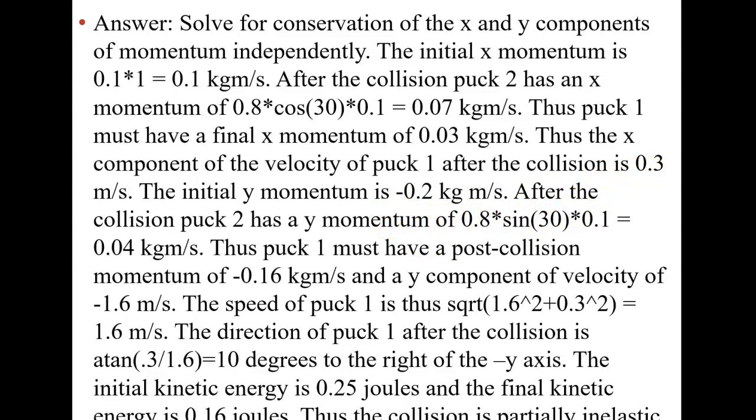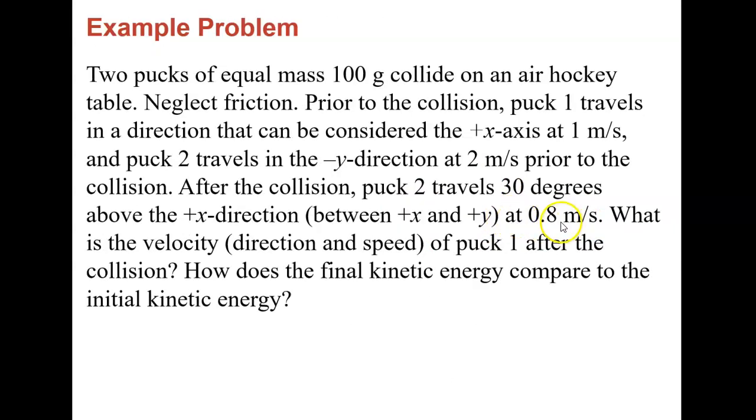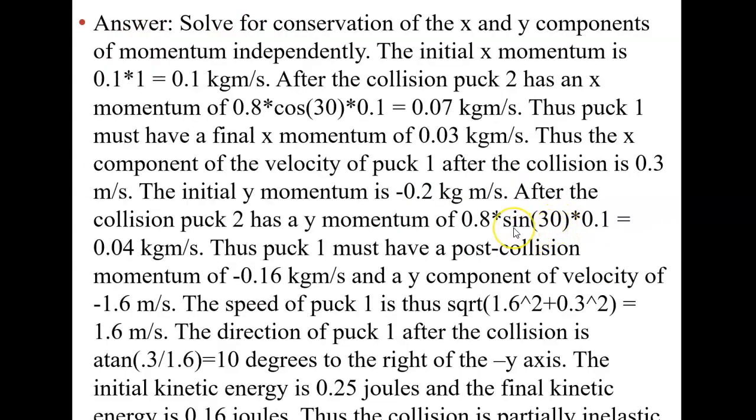After the collision, puck 2 has a y momentum of 0.8 times the sine of 30 times its mass, or 0.04 kilograms times meters per second. That's its y component for its momentum.